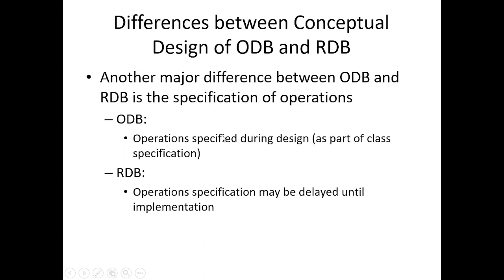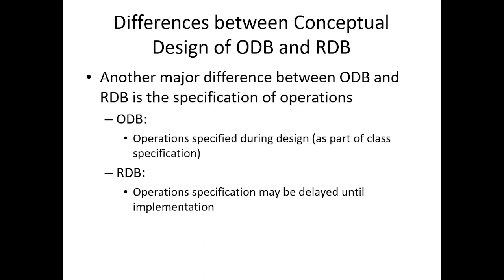It is important to specify operations during the design phase for all types of databases. The design of operations may be delayed in RDB design, as it is not strictly required until the implementation phase. So these specifications may be delayed until implementation.